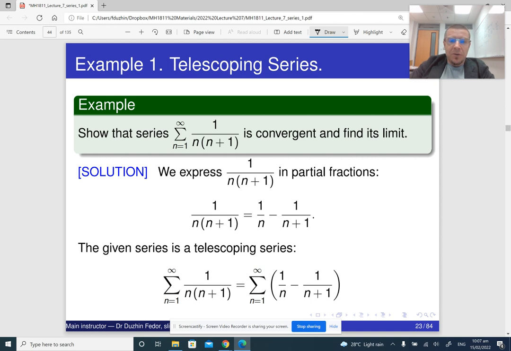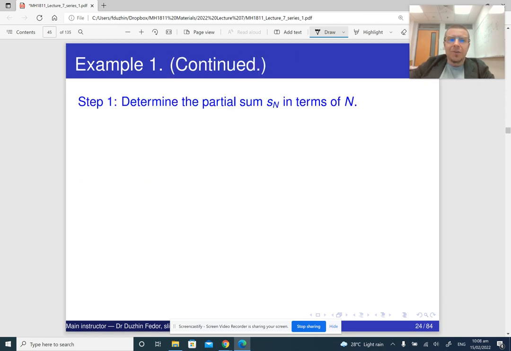All right, so the first step is to apply partial fractions to show that this is a telescoping series. Okay, so now the next step is to find an equation for Sn in terms of n. Again, using the fact that this is a telescoping series, we are going to just write down Sn explicitly, and we see that almost everything is going to just cancel out.